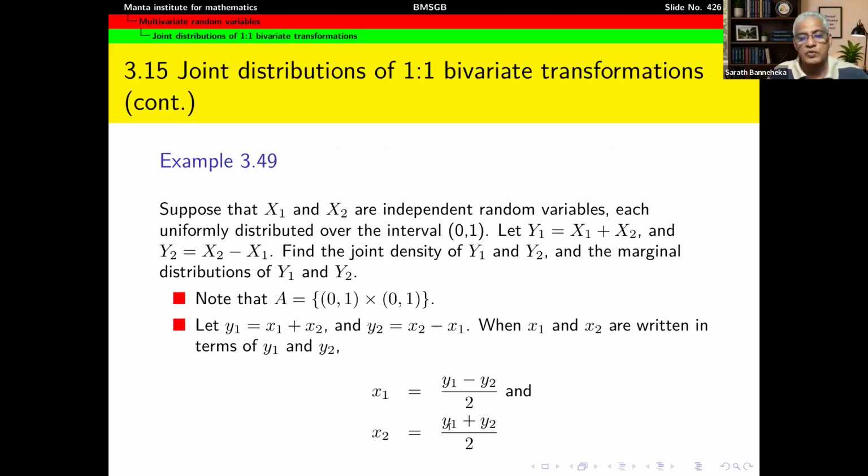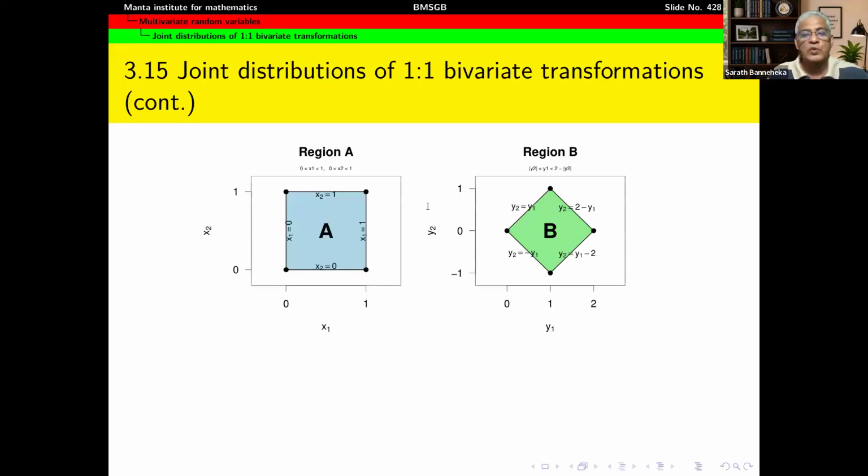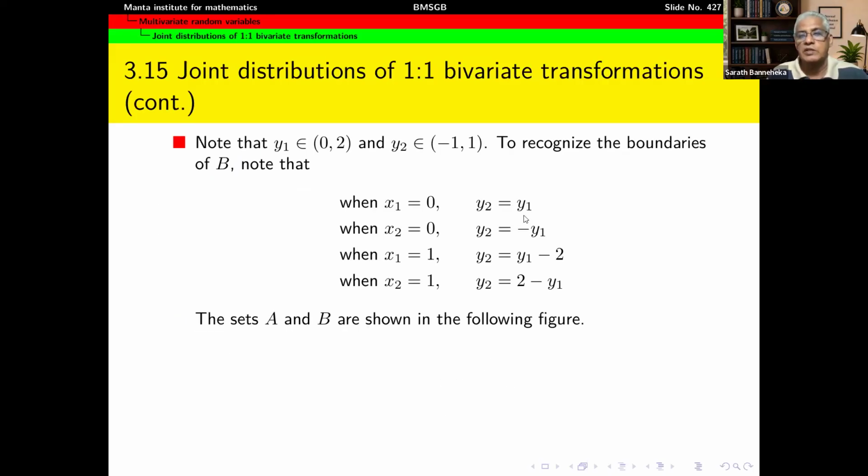So that x2 equal to 0 line is now converted to this line. And similarly, the x1 equal to 0 line is converted to the y2 equal to y1 line.